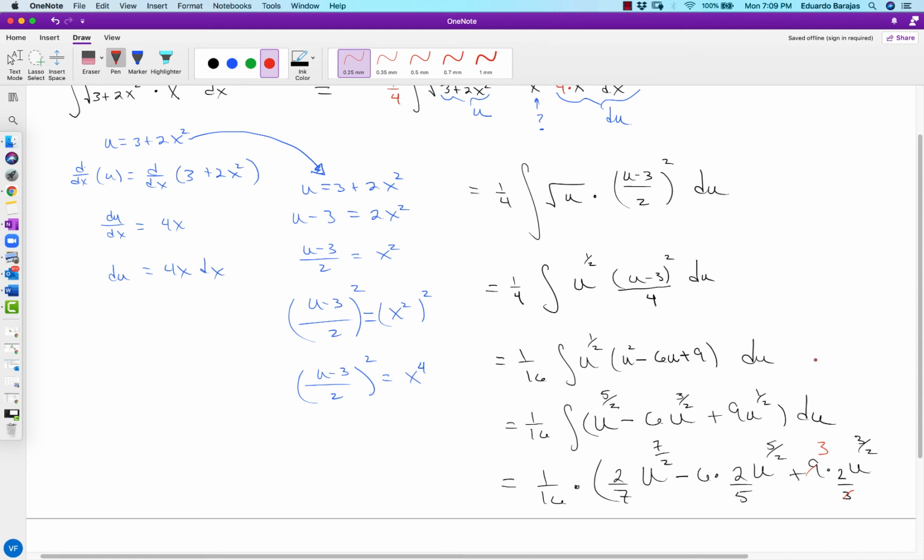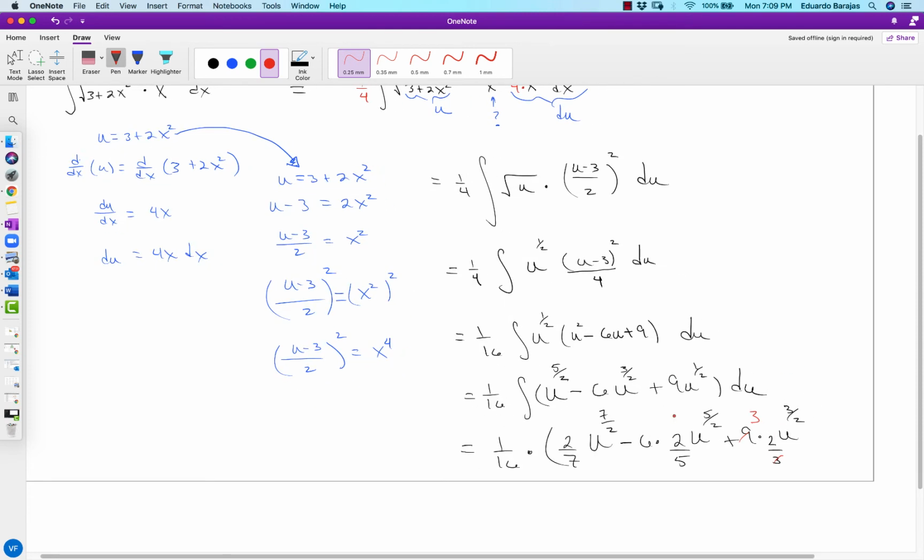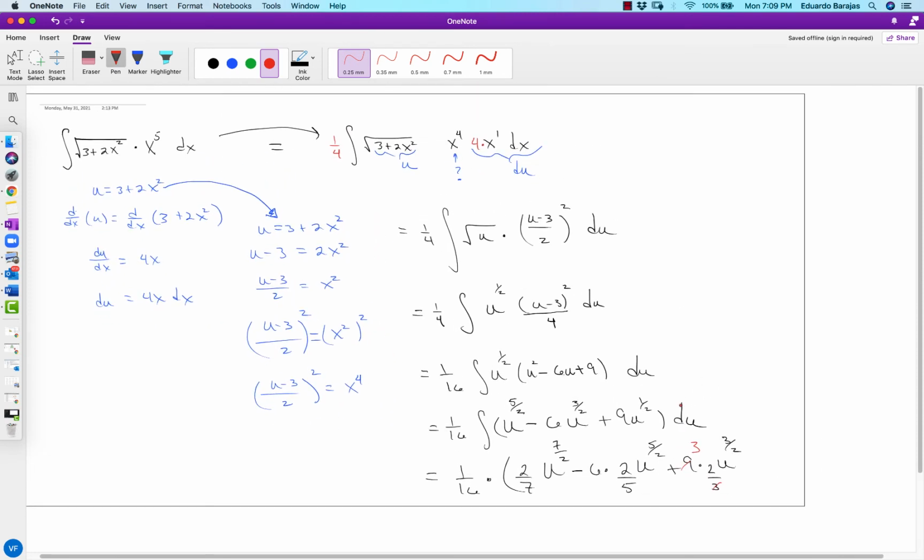And so I'm ready to rewrite this. I'll just write it underneath here. So this is going to be equal to 1/16 times 2/7 u.